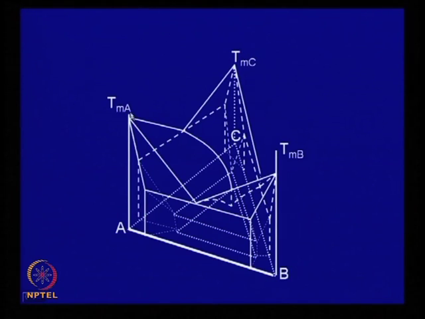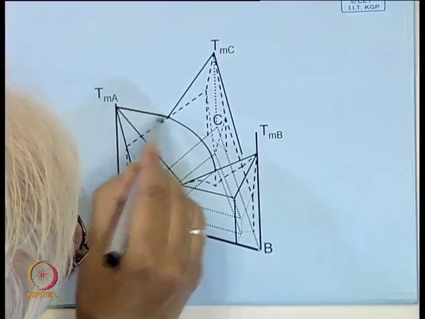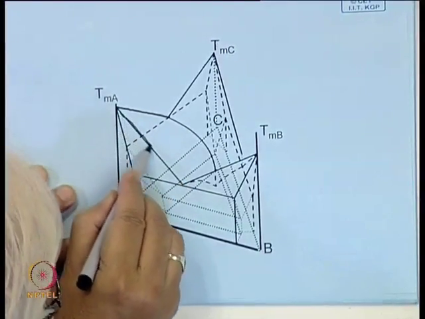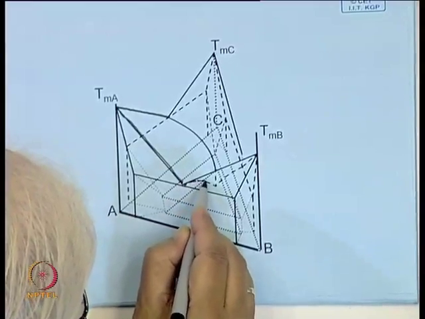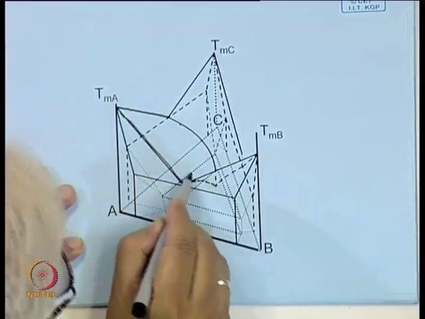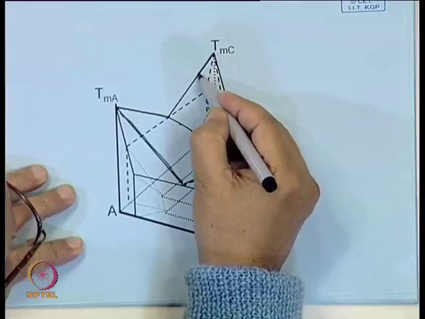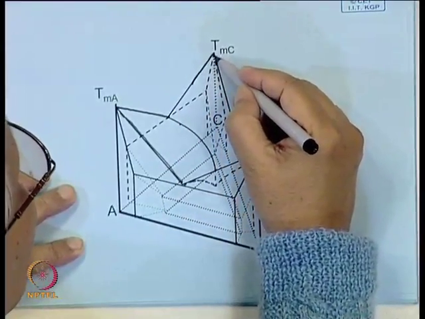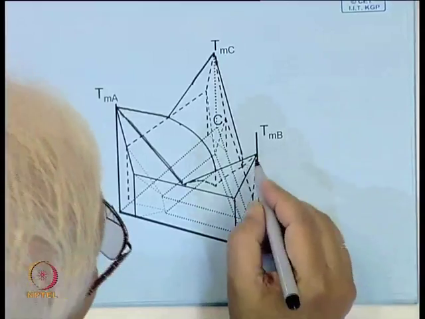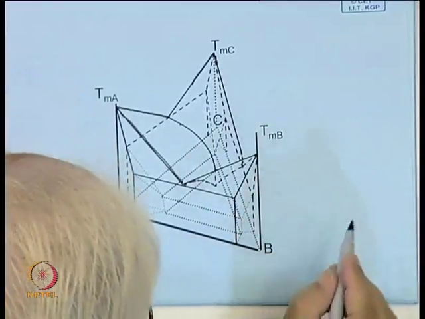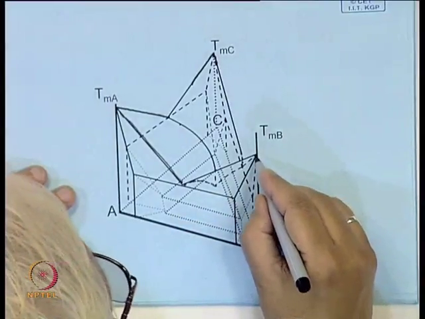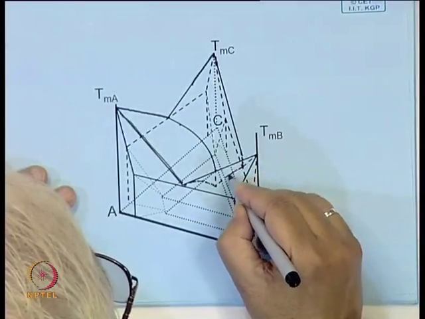On this line is TMA, the melting point of A. This is the liquidus surface, and this line, this surface is one phase, the liquidus phase. Similarly, there will be another one consisting of this, and then this, then this.